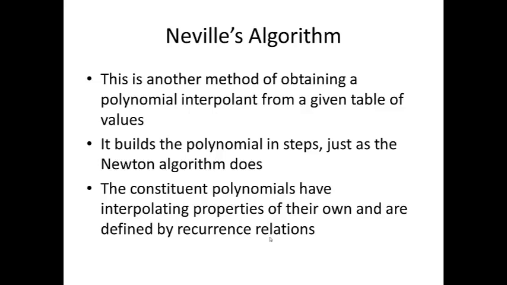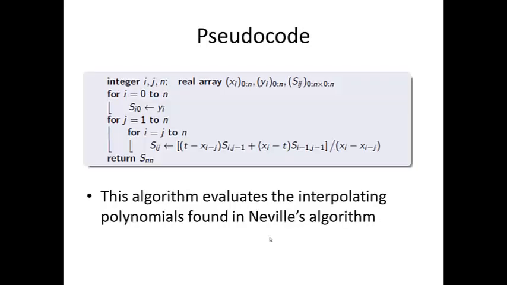You can see these relations on pages 170 and 171 of the text. There's also a theorem that gives the interpolating properties of the polynomials generated by this method. We're going to see these reappear when we develop B-splines in section 6.3 of the text. The pseudocode for Neville's algorithm is here. We probably won't be using it in this section, but if you do need it, it's there.